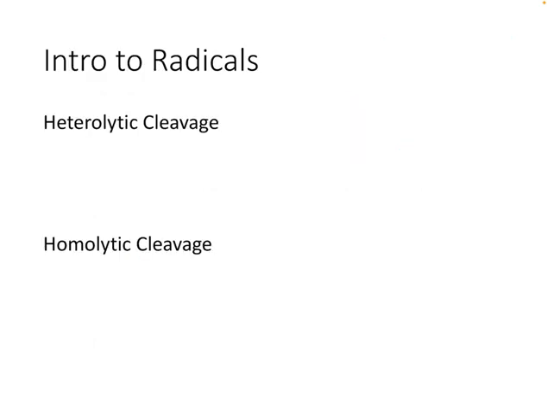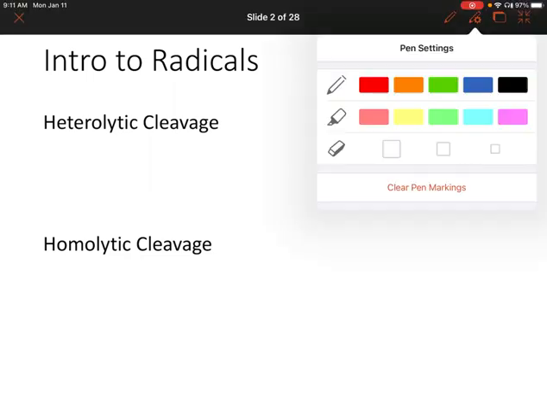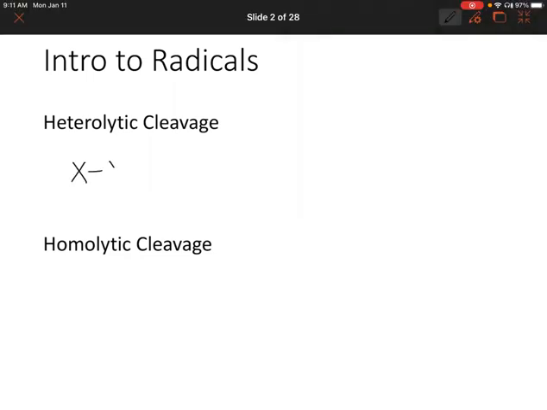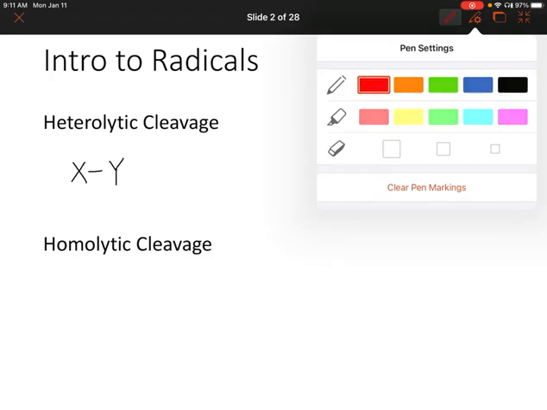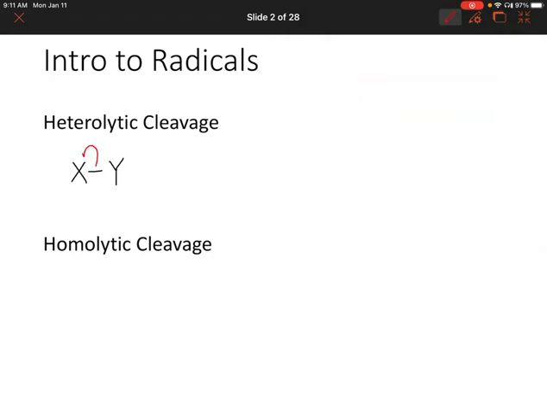So let's introduce radicals. Now, so far, we've only talked about heterolytic cleavage. Heterolytic cleavage involves the movement of two electrons to one atom to form ions. So in this example, I have X and Y covalently bonded, and I'm moving the electrons in the covalent bond to the X atom.